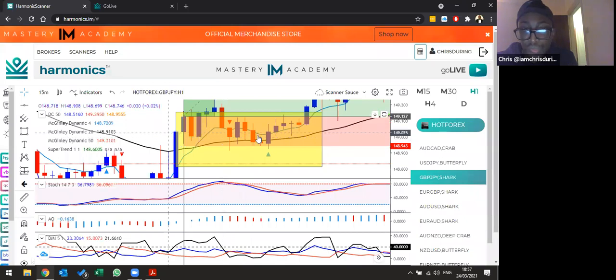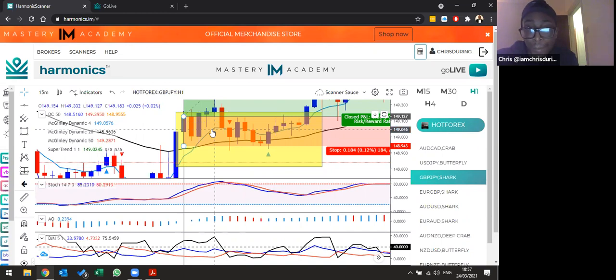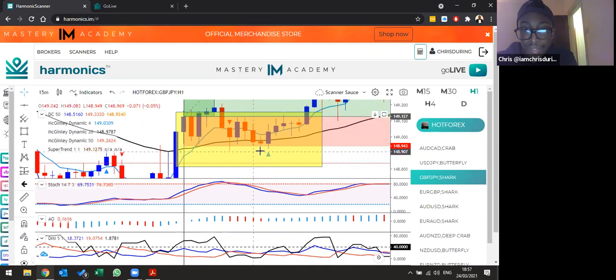So you could look for 50% of that rectangle, or half of that rectangle, to look for a better entry, rather than entering right at the top of that rectangle, because it doesn't always just shoot up. Price has to retrace before going up and making waves.